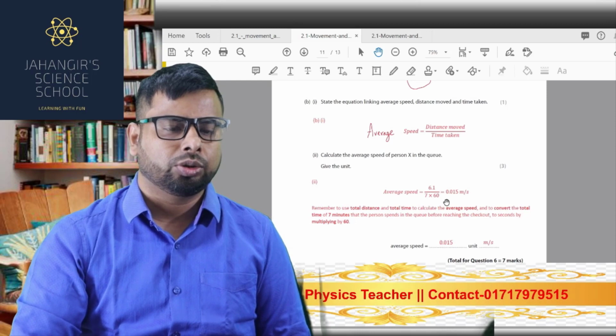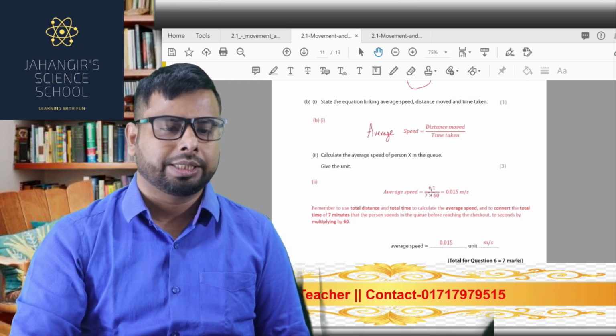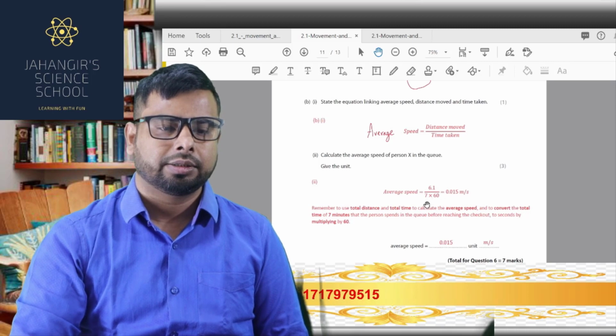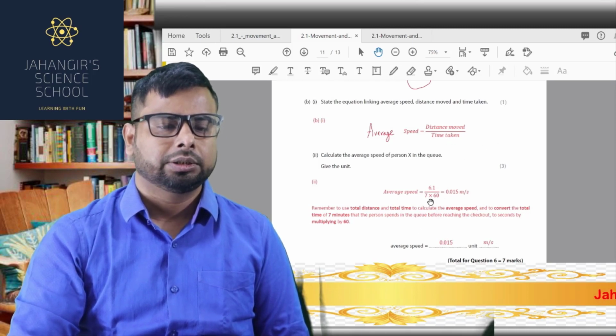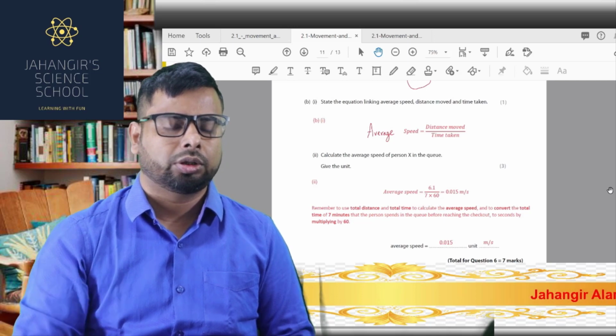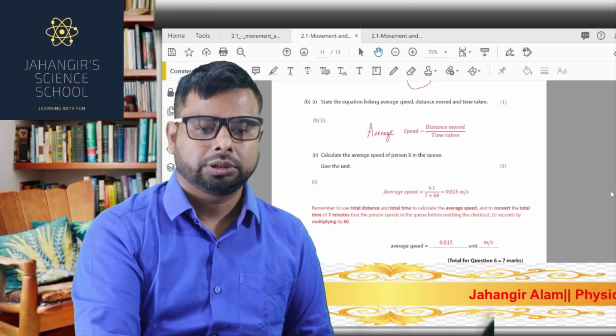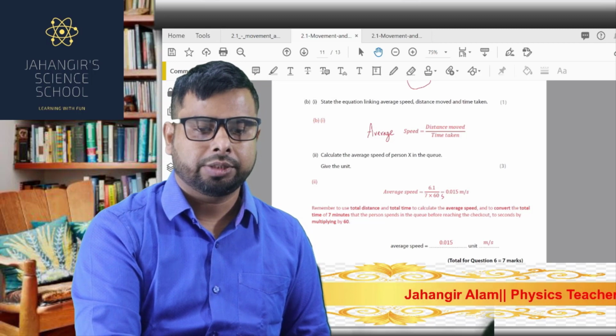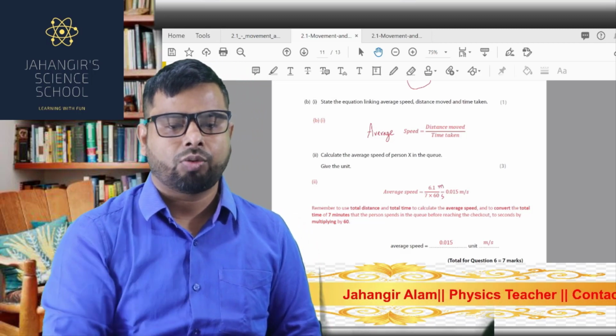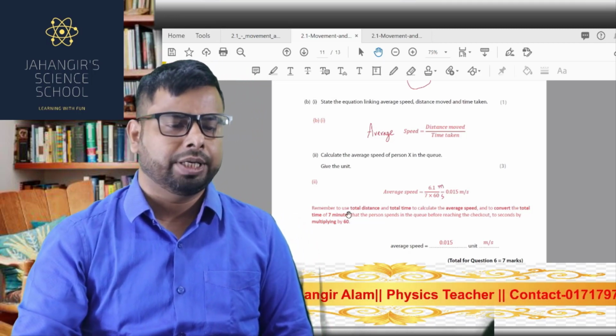Average speed equals total distance 6.1 divided by time taken, 7 into 60, so convert to seconds, and here the distance is in meters, so 0.015 meter per second.